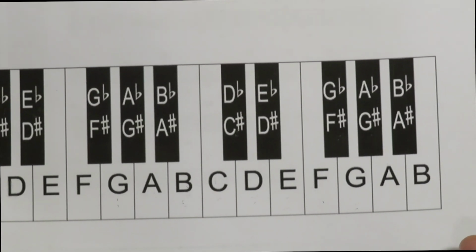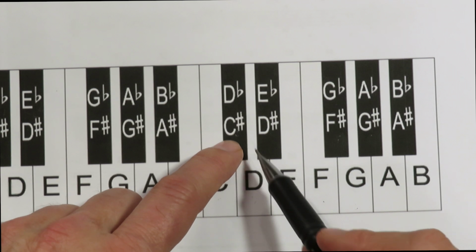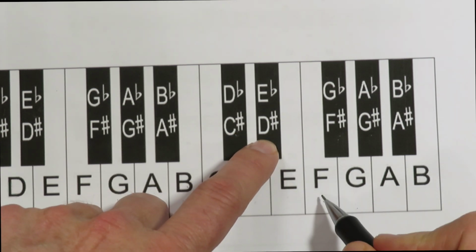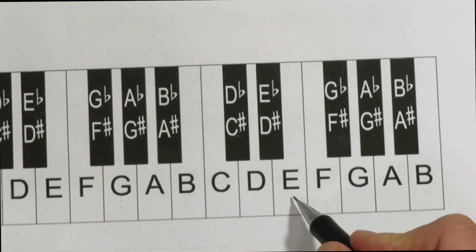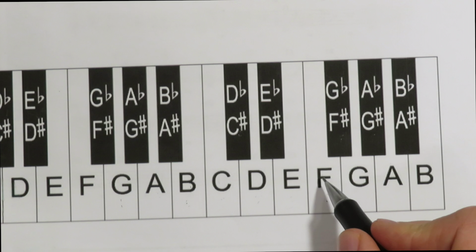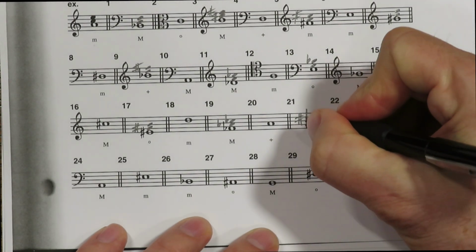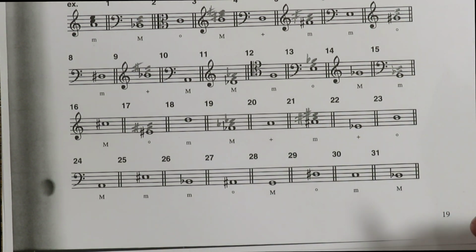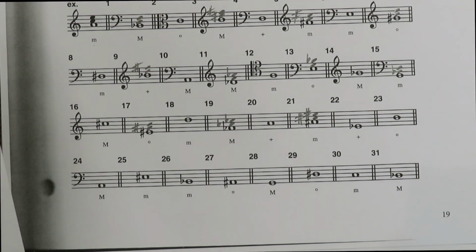So a major third away from C sharp is 2 whole steps, D sharp to F. No, it's got to be some kind of E, so it would be E sharp. A sharp, C sharp, E sharp.